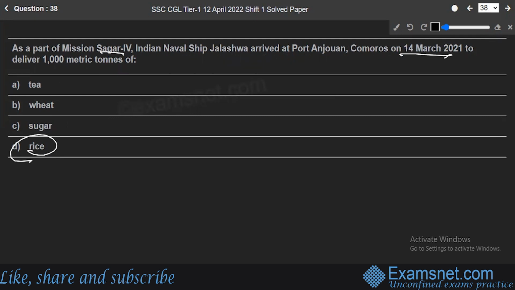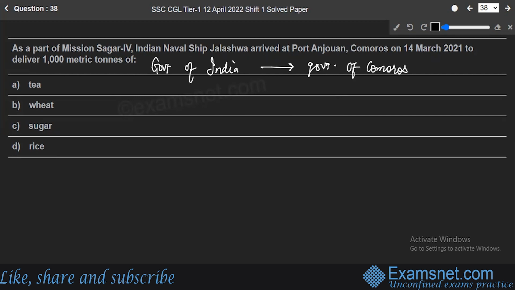An official ceremony for handing over the food aid from the government of India to the government of Comoros was held on 15 March 2021.